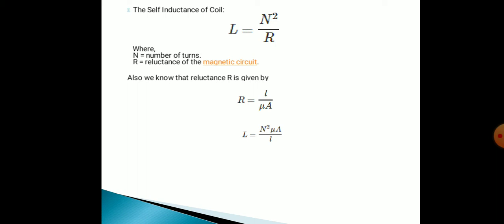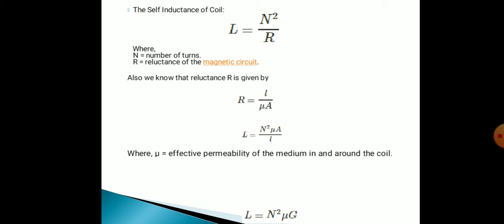The denominator of R goes to the top with N square, and we get L equals N square multiplied by mu A upon l, where mu is the effective permeability of the medium in and around the coil.